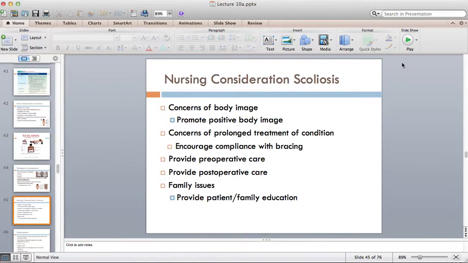But in addition to that, educating this patient on what they need to expect in the immediate post-operative period. This patient will be recovered or treated for the first few post-operative days in the intensive care unit. So you need to let them know about that.